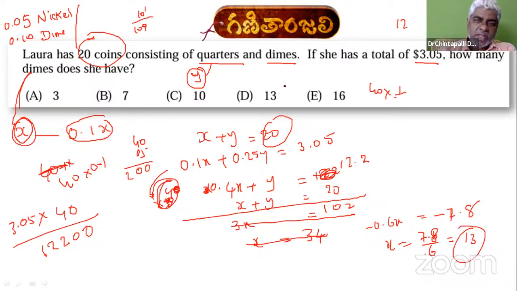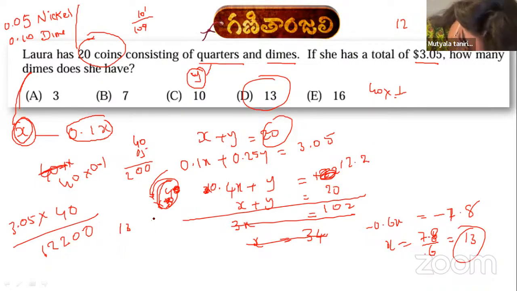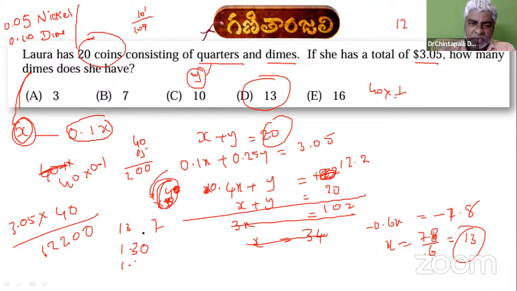So 13 dimes cost 1.3. 7 quarters cost 1.75. Yes, the total is 3.05.